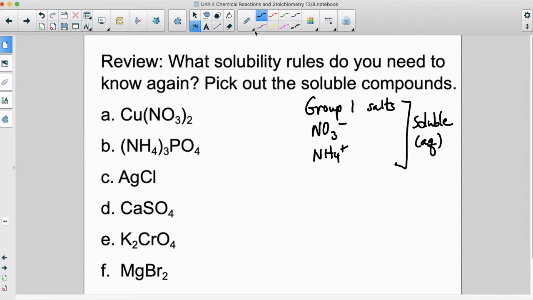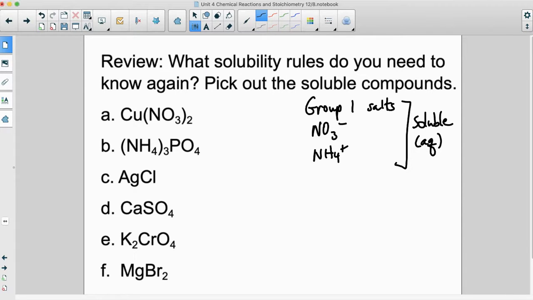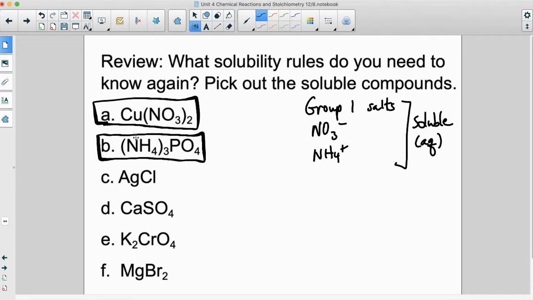And so here, if we take a look at these 6 ionic salts, the ones that are soluble are going to be definitely this NO3, right? This copper 2 nitrate will be soluble because of the nitrate. Definitely B, because it is an ammonium salt. And then not these things, okay, because not silver chloride, not calcium sulfate, because they're not in this group of solubility rules. That does not mean that they're definitely not soluble.